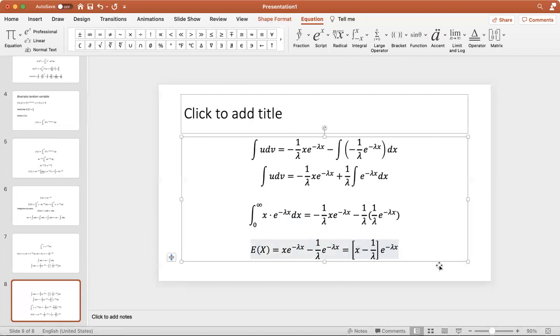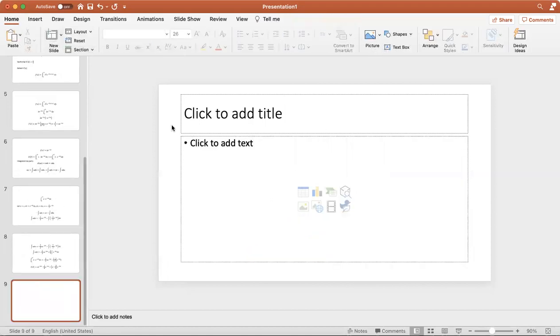Now, we're not yet done because we still need to evaluate this between 0 and infinity. So evaluating this between 0 and infinity, let me copy this entire expression again.